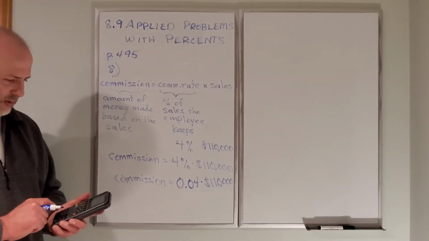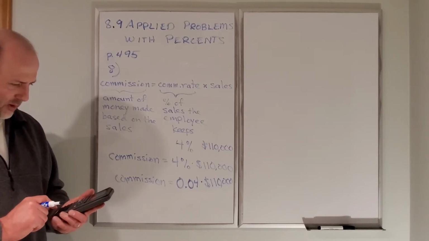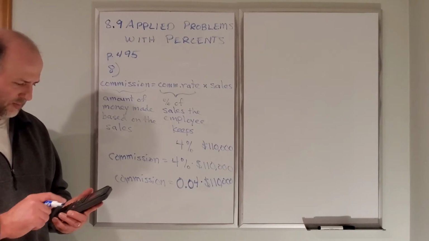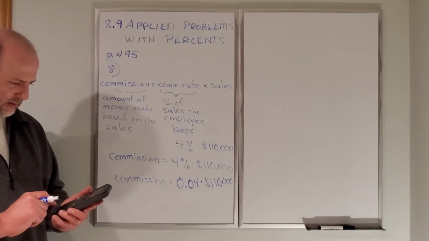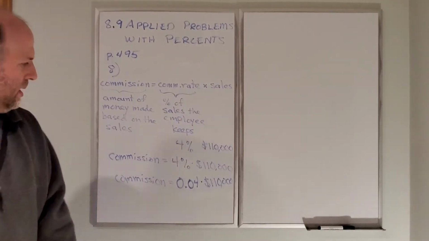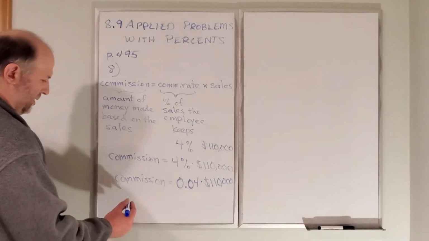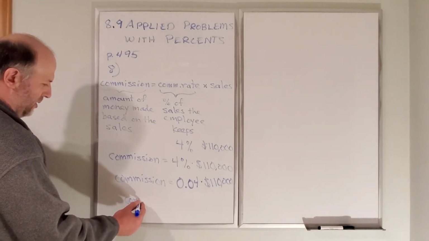So 0.04 times 110,000. You should get what? 4,400, I think. Whoops, I missed a zero there. Yeah, 4,400. Okay, so that was just in a month. That's a pretty good month's work. $4,400.